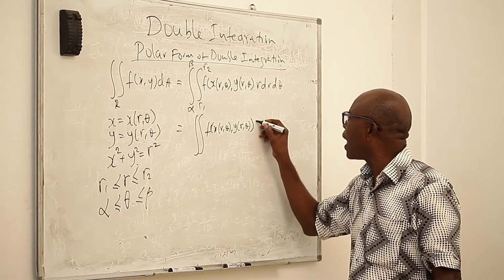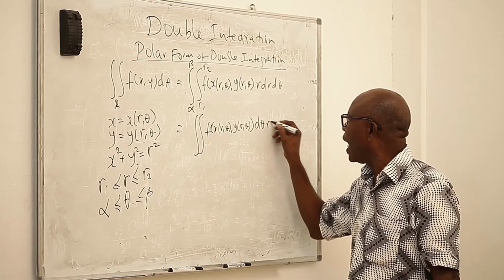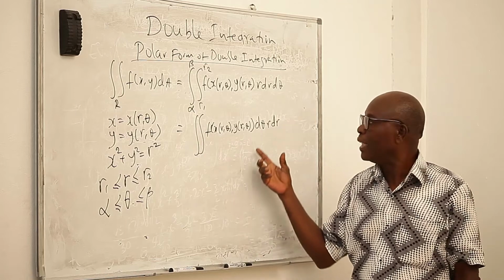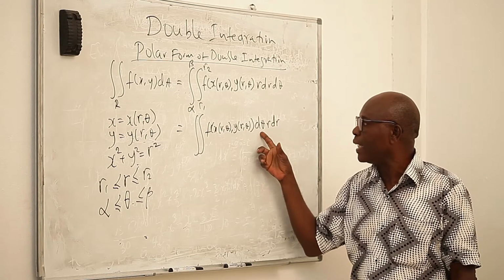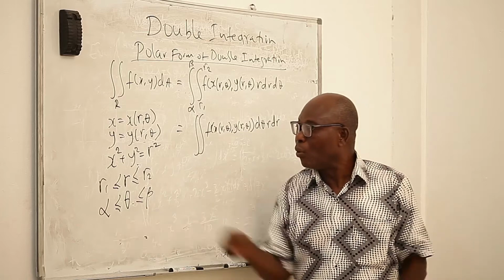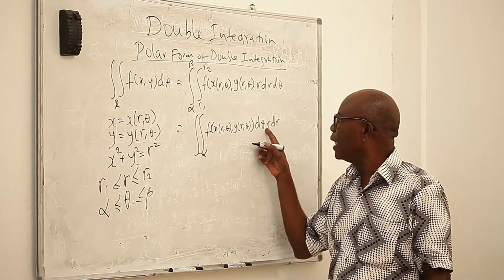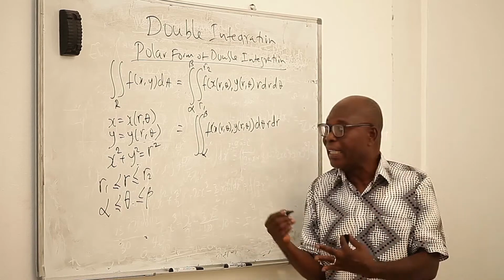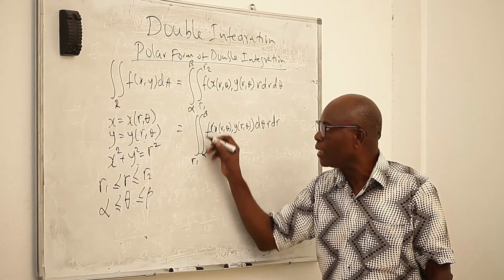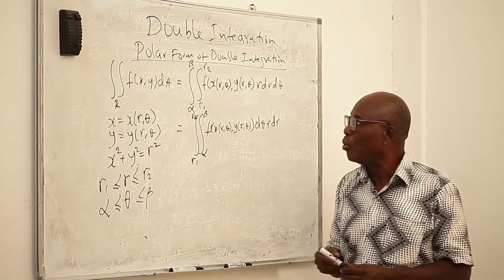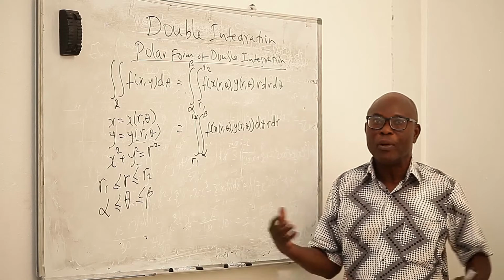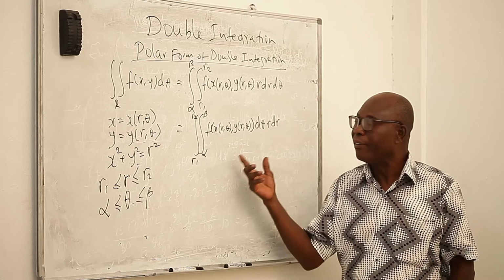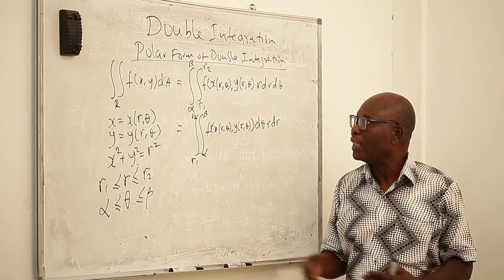We can have d theta r dr. In this case, the inner integral is over theta, which starts from the lower limit alpha to the upper limit beta. Now our radius, which is the outer integration, goes from r1 to r2. And so this is how we formulate the iterated integral if the region of integration is of circular form.